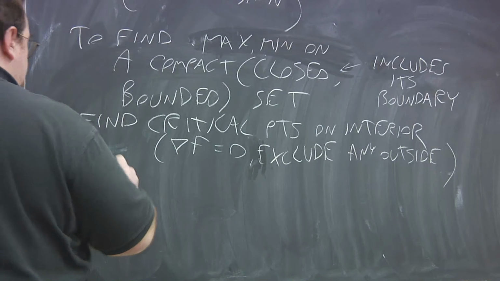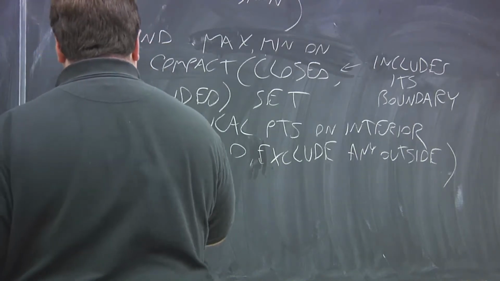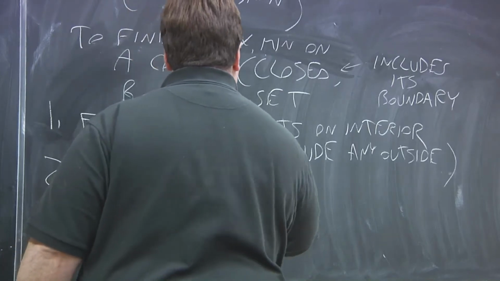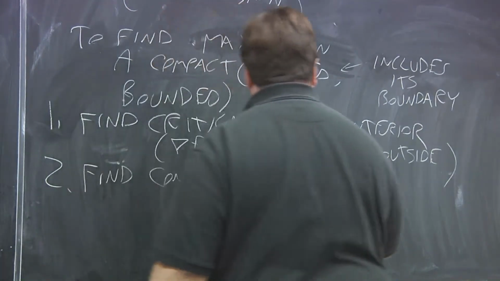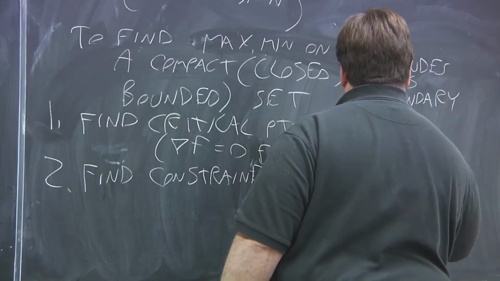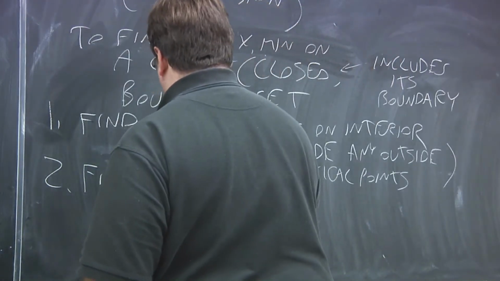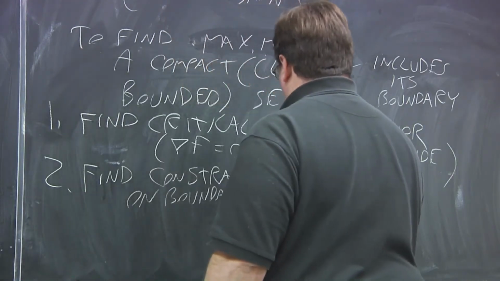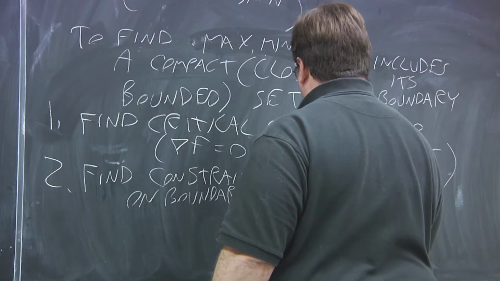And then you find constrained critical points on the boundary, and for that you use Lagrange multipliers.